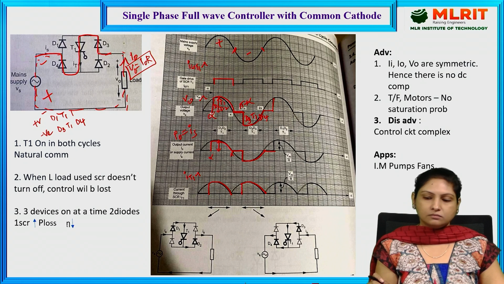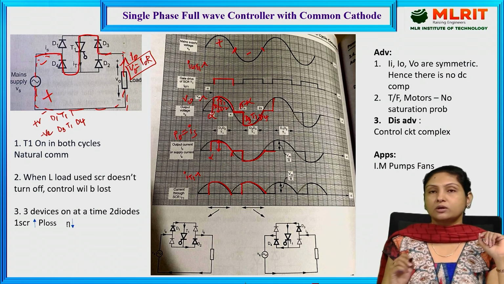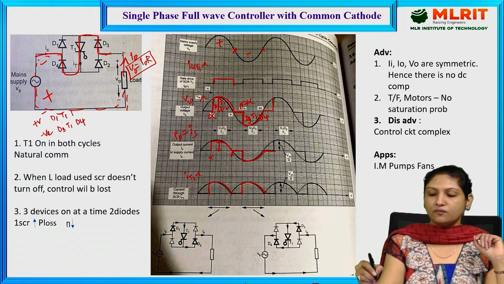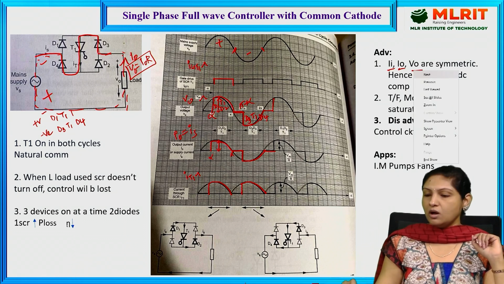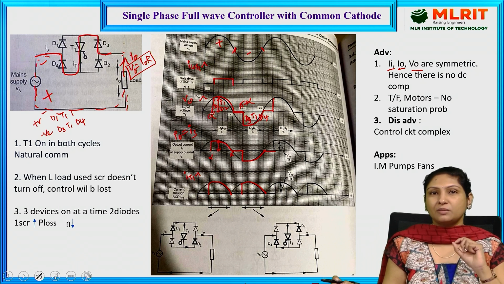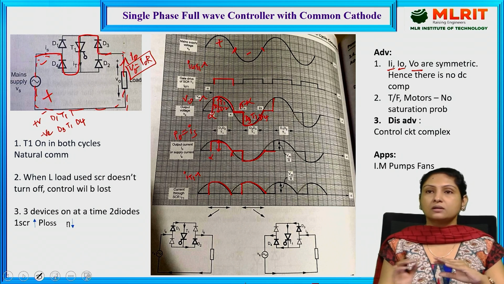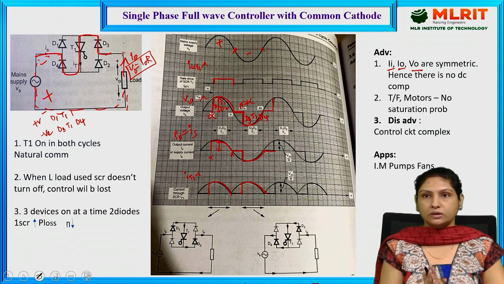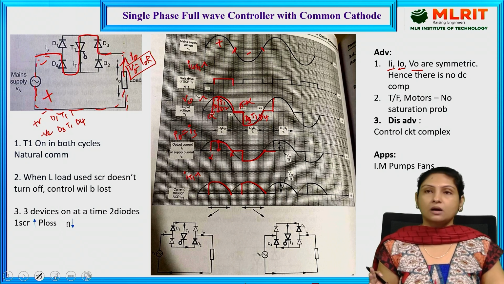And coming to the advantages, the input current waveform, output current waveform, as well as output voltage waveform are symmetric. Because of the symmetric waveform, DC component will not be present, and because of which saturation of the transformer will not take place, and at the same time, saturation of the loads will not take place. So that is the advantage.